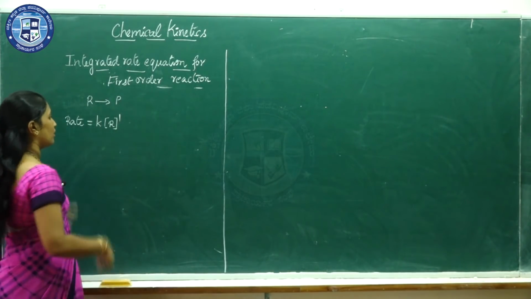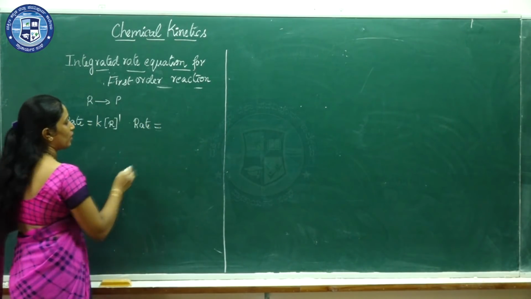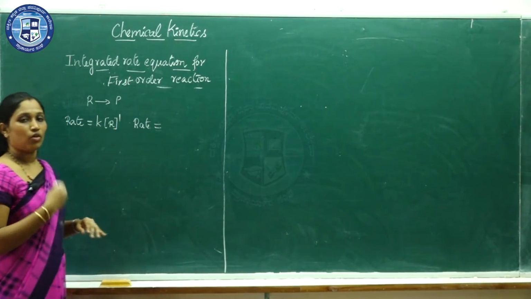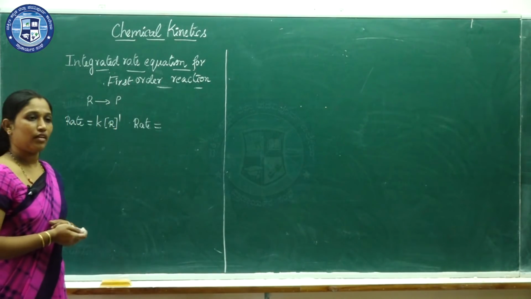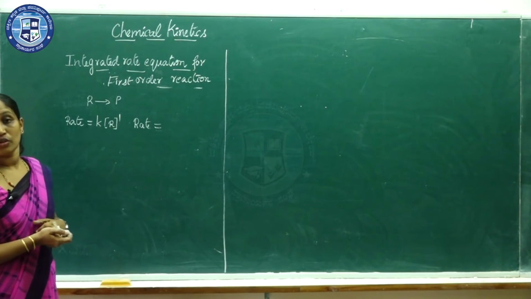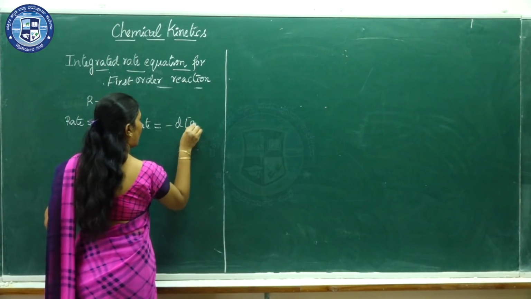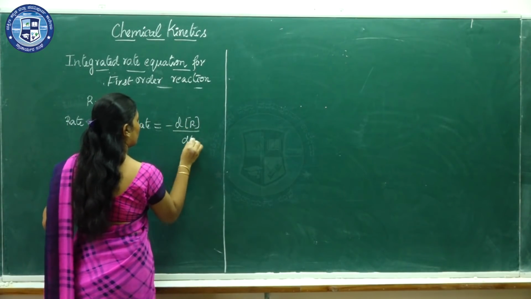Okay, now in the differential form, how do you write the rate? Rate can also be written in terms of the reactant as well, as in the earlier case, but make sure to use a negative sign, that is minus dR by dt.